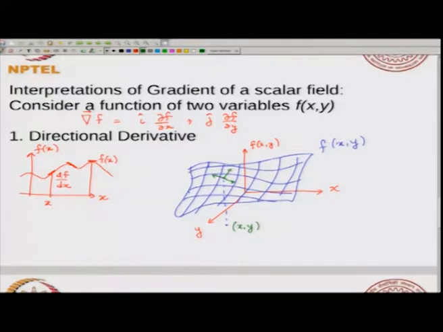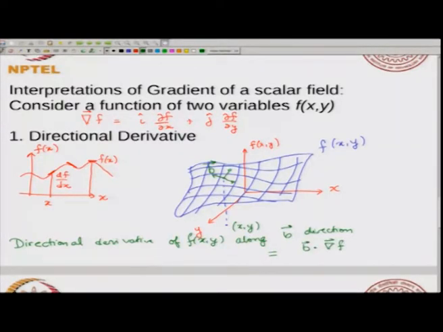Suppose you have a direction given by B. Then the directional derivative of f of x y along the B direction is equal to B dotted into the gradient of f. This is an interpretation of the gradient.